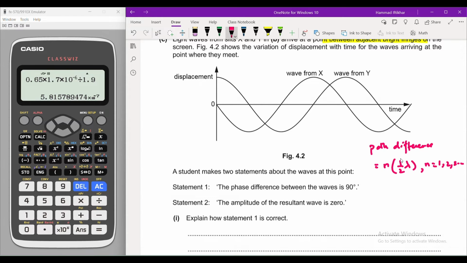And when this is converted into phase differences, it is converted into odd multiples of 180 degrees. Oh, sorry, odd multiples of half of 360 degrees.